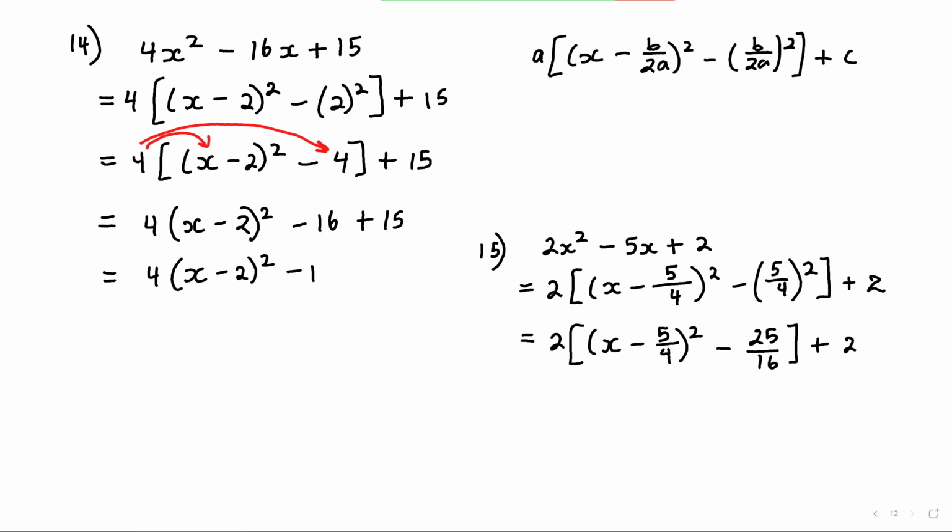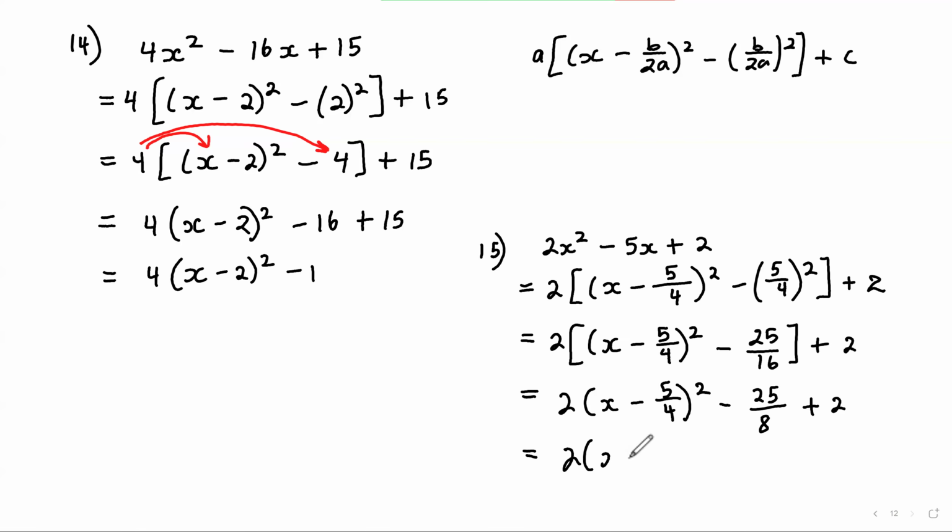And now let's remove our square brackets. So 2 open brackets x minus 5 over 4 squared, minus 25 over 16 over 8, because 2 times 25 over 16 will be 25 over 8, plus 2.